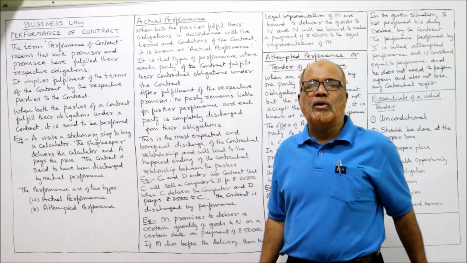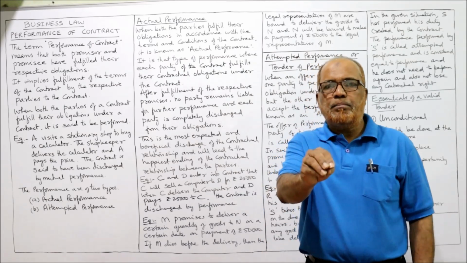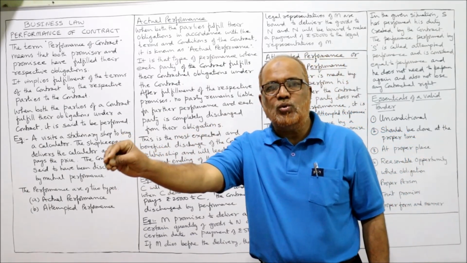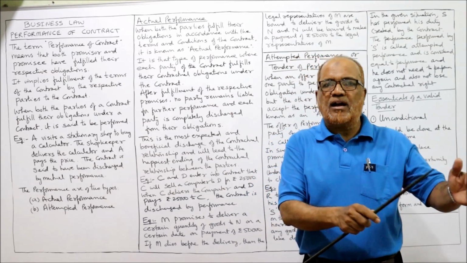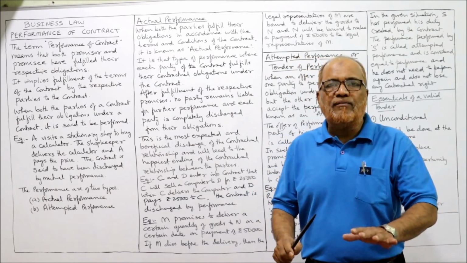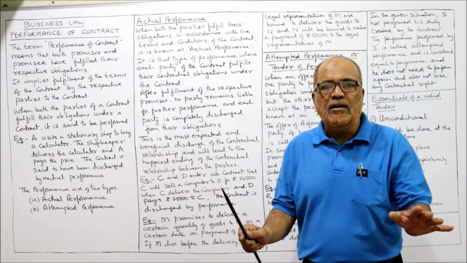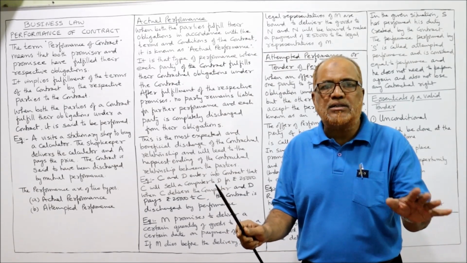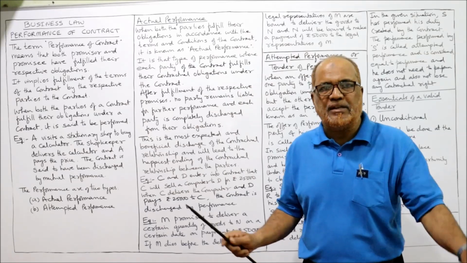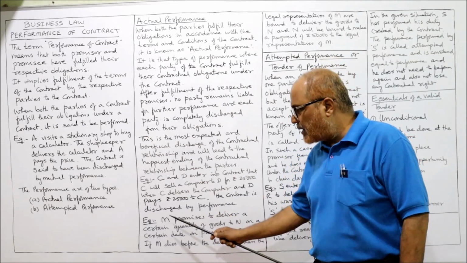The price of the computer is 25,000. C pays 25,000 rupees to D. D delivers the computer to C. Both have completed their obligations. The contract will come to an end. Discharge of contract by actual performance. Finished.